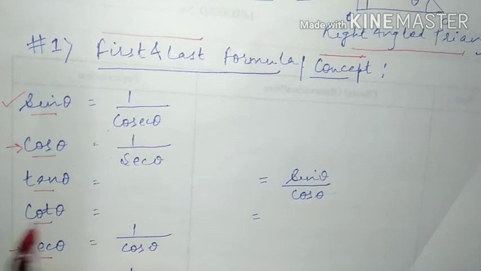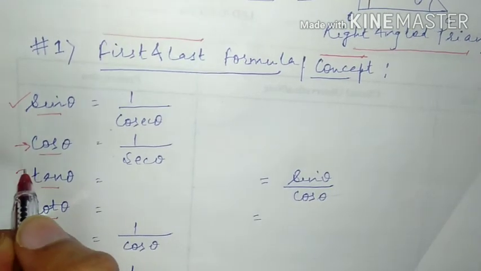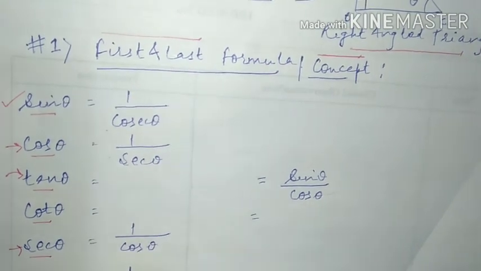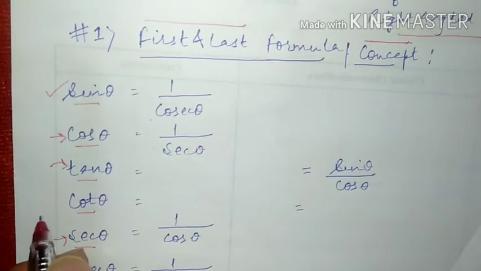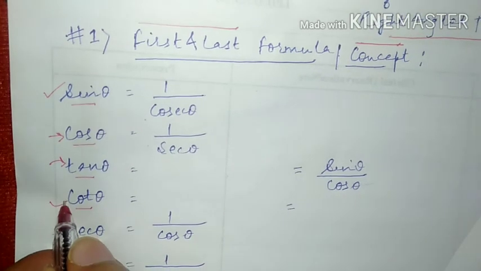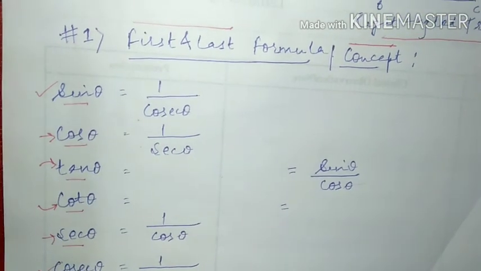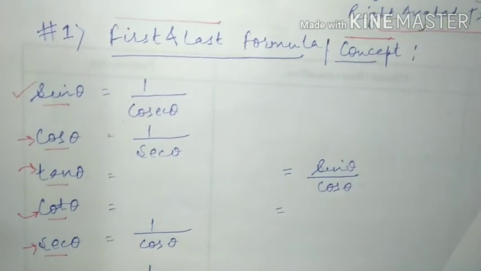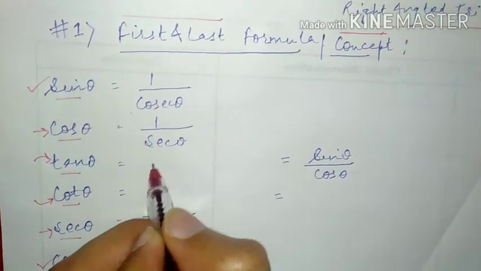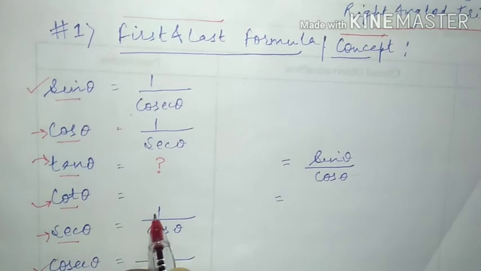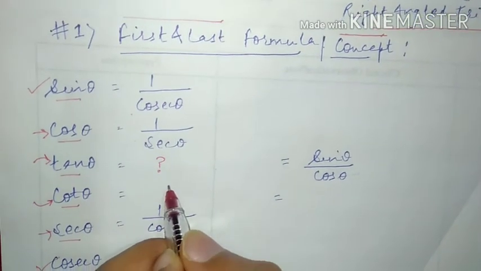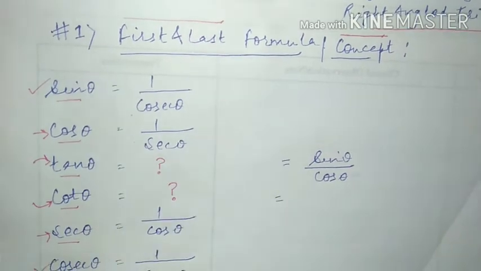So what should be our new trigonometric functions, that is the first new function, tan theta, and the last new function, that is cot theta. Now you are to tell me in the comment box what could be the formula of tan theta in terms of cot theta, and what should be the formula of cot theta in terms of tan theta.